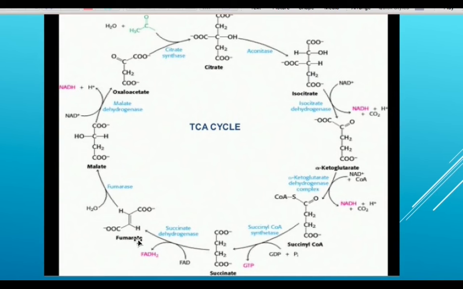So we form malate from fumarate by inputting a water molecule, which puts a hydroxyl group there and breaks the double bond. Now after forming malate, we are going to use an electron abstracting molecule NAD plus, which is going to abstract the hydrogen and to release another hydrogen so that we can go back to forming oxaloacetate and the cycle begins again.